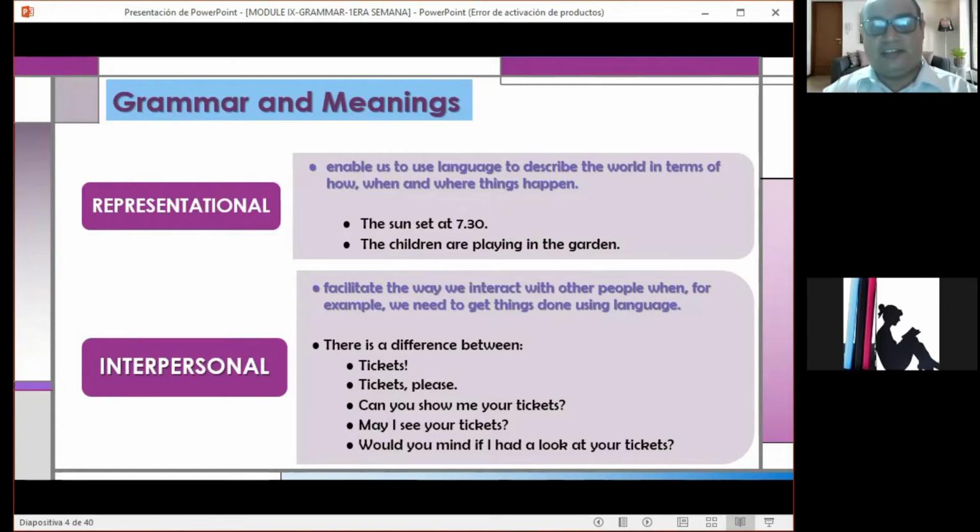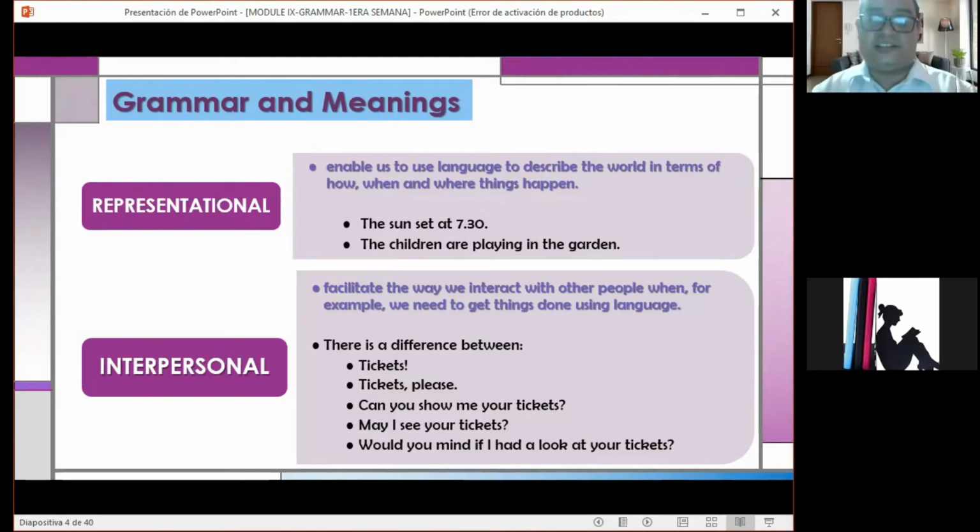All right? So notice these two meanings that we could get with grammar. The representational meaning, which we use to describe the world. We use the structures to describe the world. Exactly, Diane, that's it. Informal or more formal, yes.